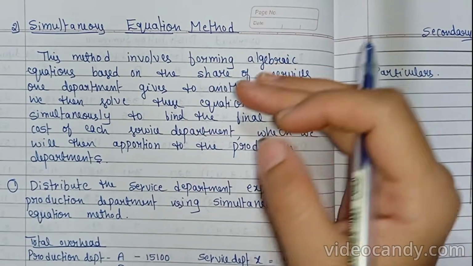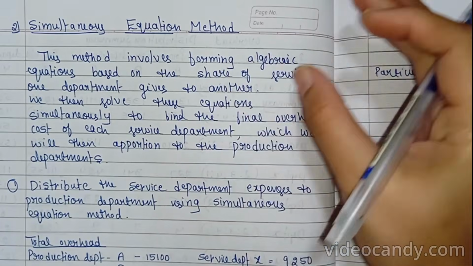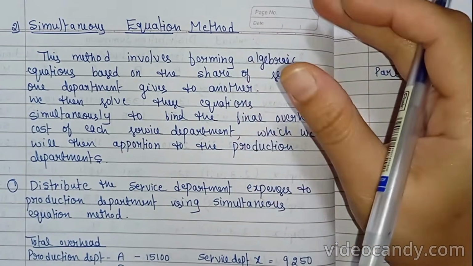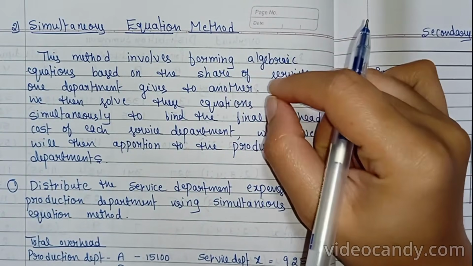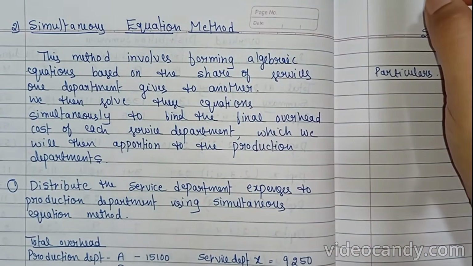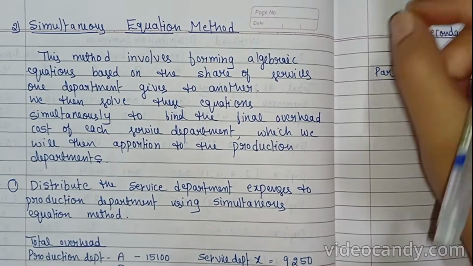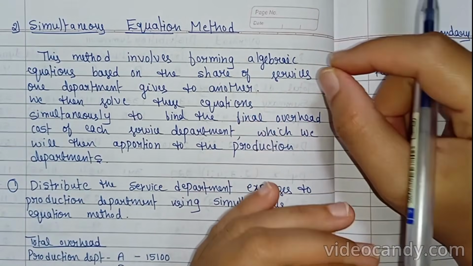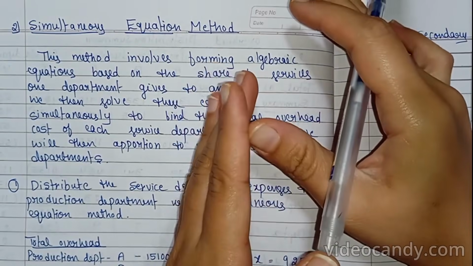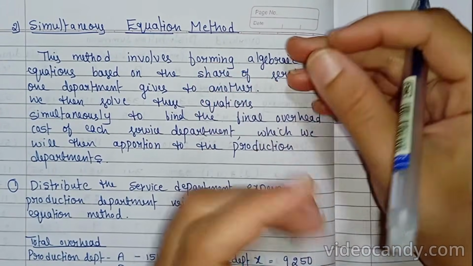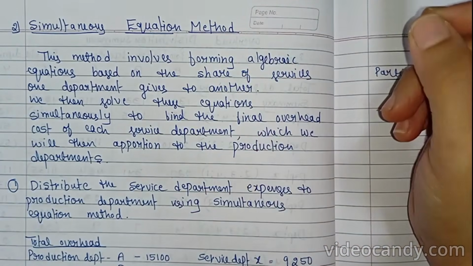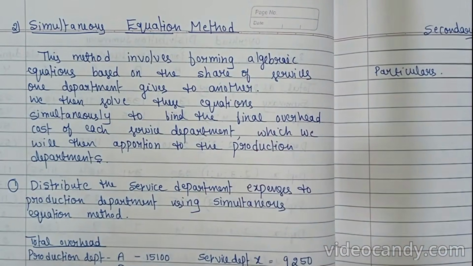Then we will arrive at the overhead cost of each service department. After that we need to apportion that overhead cost of service department to the production departments. Clear? This simultaneous equation method is purely mathematical and it gives accurate results when service departments mutually serve each other. Clear? So let's see one problem.